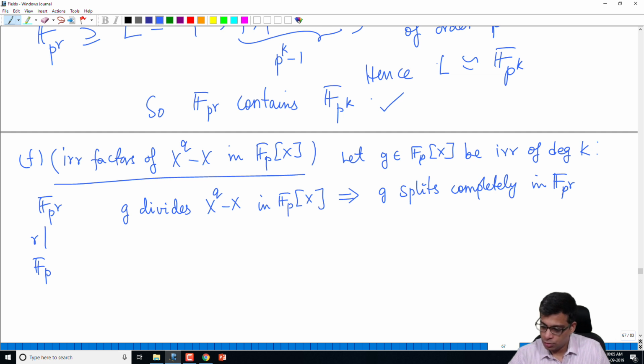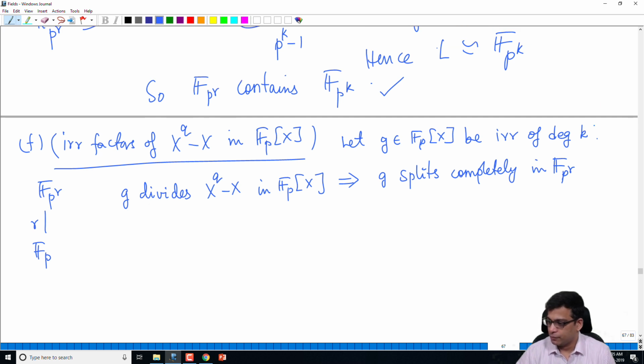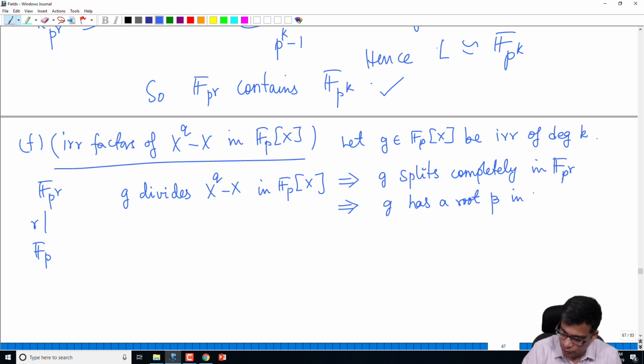Because x power q minus x splits completely, g being a divisor of it also splits completely. This implies g has a root beta in F p power r.